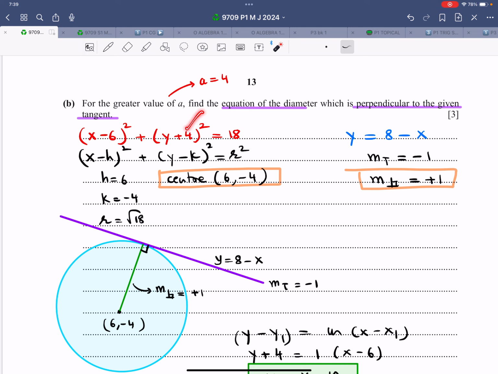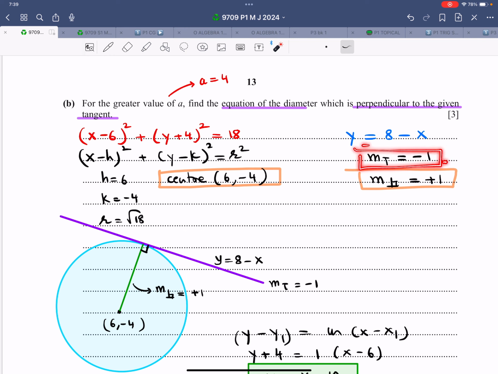So now I have plugged in the value of a. This is 2a minus x. a is 4, so this becomes 8 minus x. And this is compared with (x minus h) whole square plus (y minus k) whole square is equal to r square. That is 6, that is negative 4. Radius is root 18, but that is not used over here. That is the center.